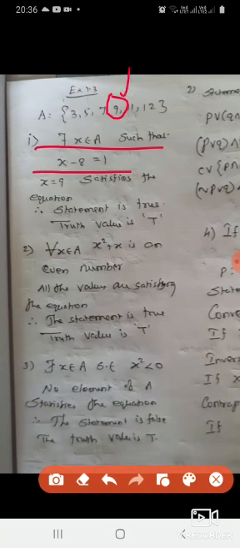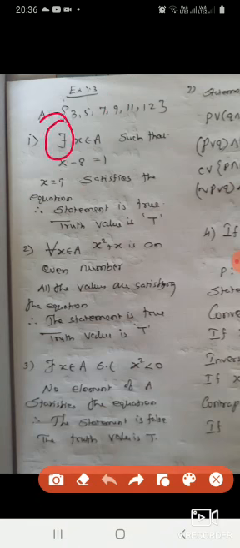So one number from A is satisfying the equation, so x is equal to 9 satisfies the equation. So the statement is true, because the statement says there exists, not for all the values. There exists means at least one value satisfies the equation. We can say it is true, so the truth value is T.